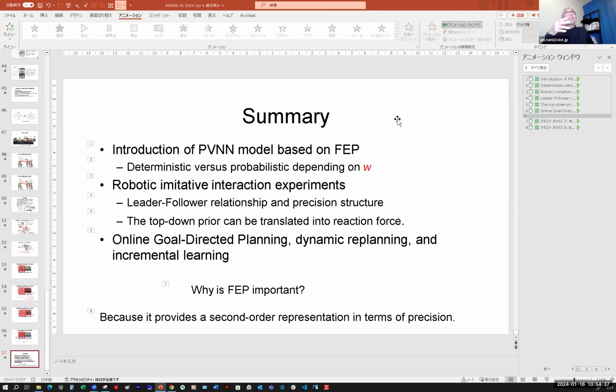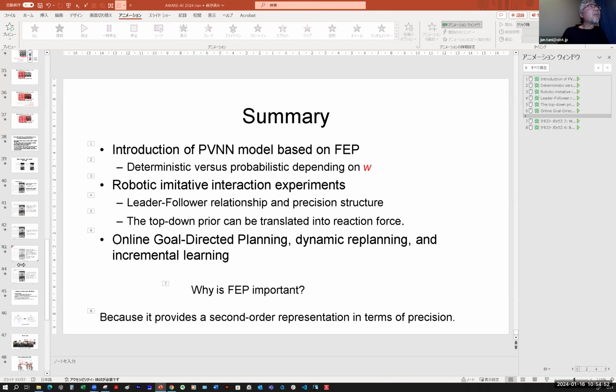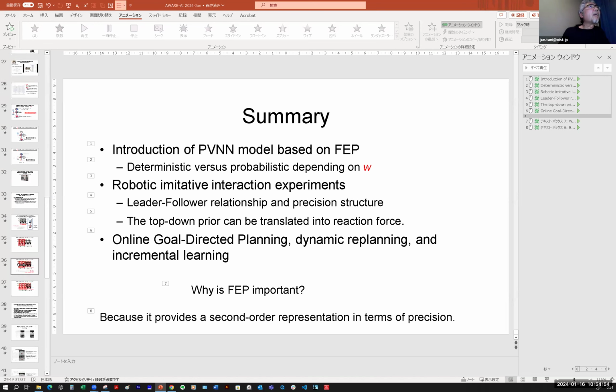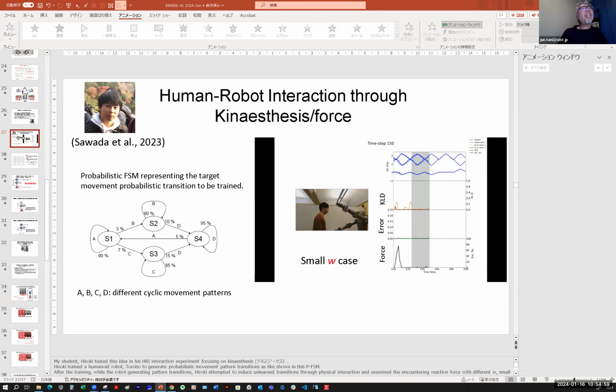I think the example I used is already a hidden state, because you cannot determine just by observing which pattern it is now.